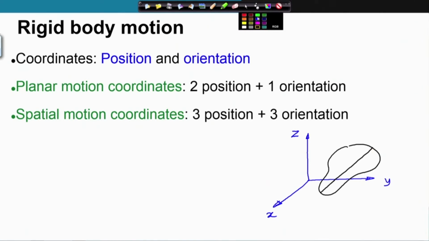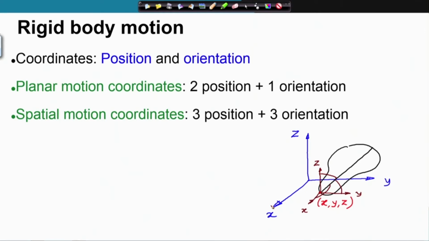Then I can locate the coordinates of a certain point on the body and the orientation by looking at possibly the direction cosines, these angles that the line makes with the local x y z coordinate system, which is parallel to the blue coordinate system.